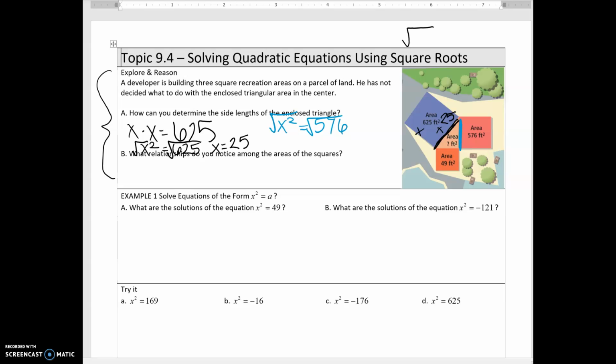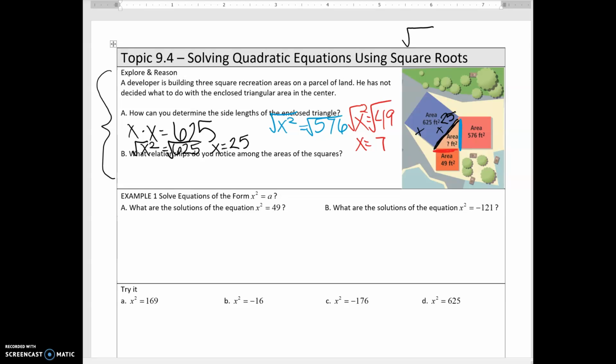Take the square root of both sides, and then get that answer. And then you would do the same thing right here. X squared equals 49. Square root both sides, so here x equals 7.